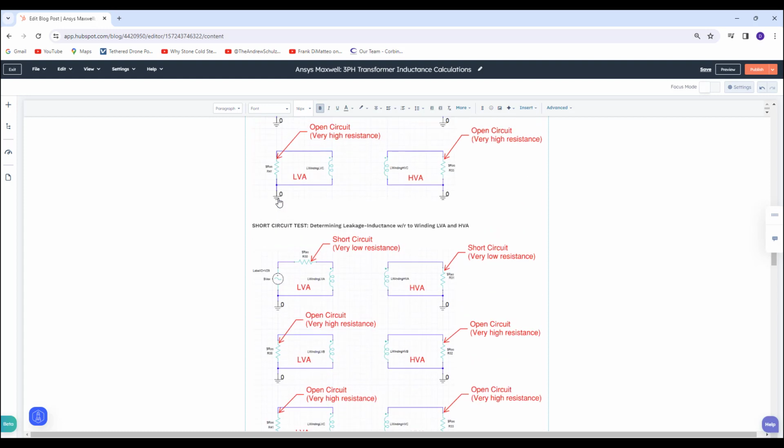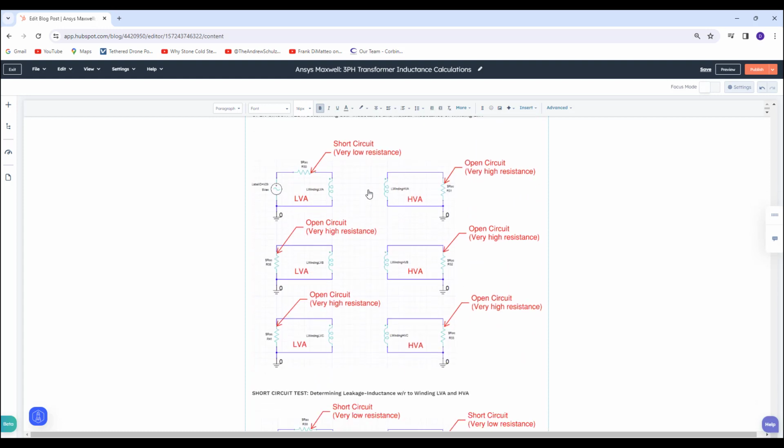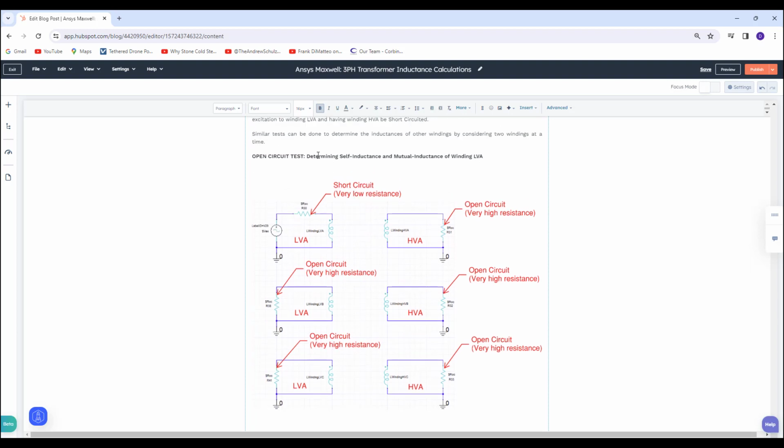Let me quickly go over this circuit. For this open circuit test, we want to determine self-inductance and mutual inductance. We excite, in this case, low voltage phase A. All other windings are open circuit.